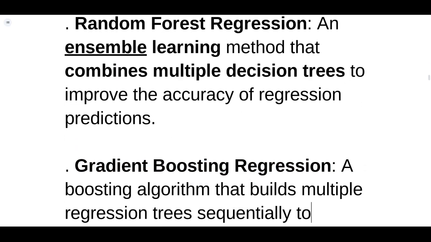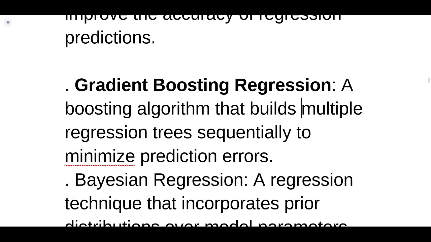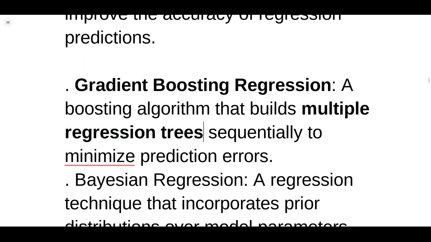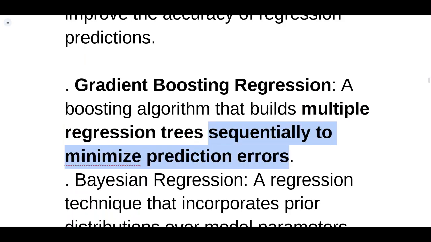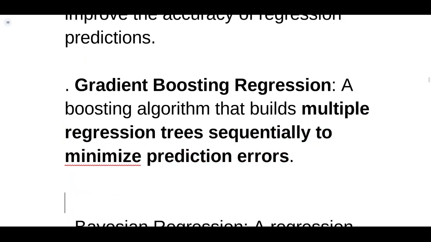Gradient boosting regression is a boosting algorithm that builds multiple regression trees sequentially to minimize prediction errors.